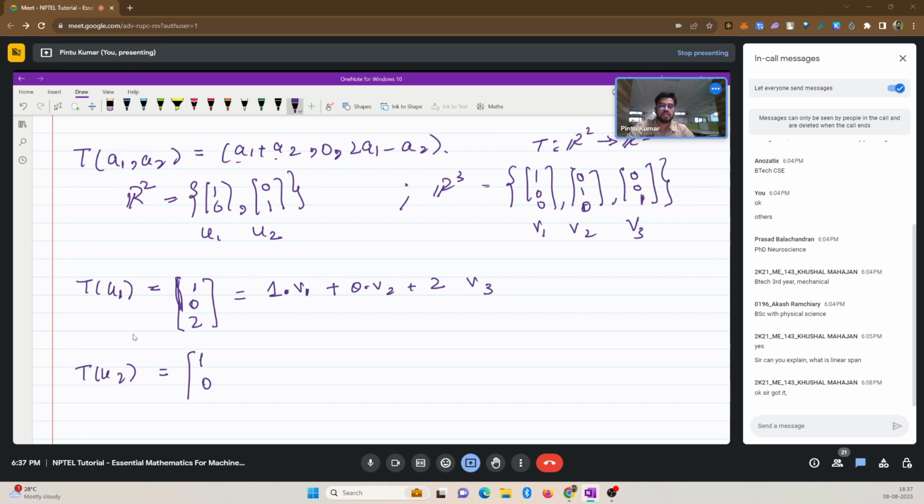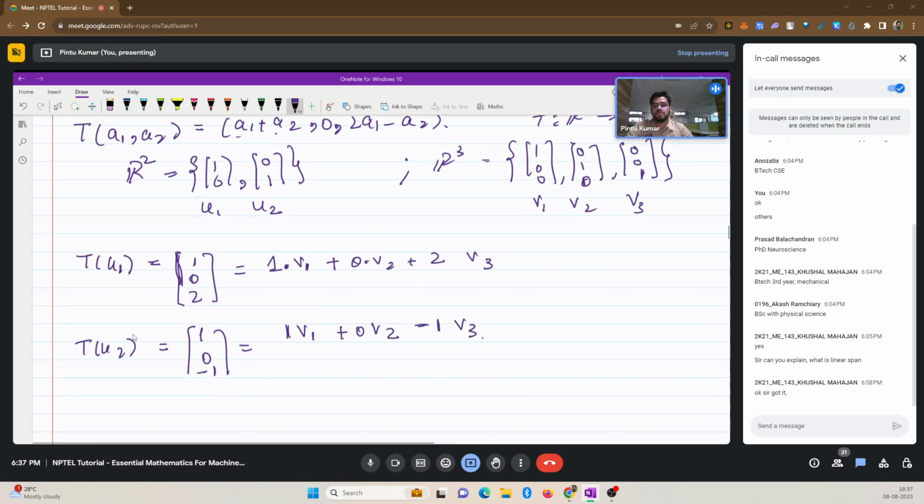This is 0, and the last one is 0, minus 1, minus 1. So this is 1 V1 plus 0 V2 minus 1 V3. Now in order to obtain the matrix, we'll write the coefficients corresponding to the first one as our first column.